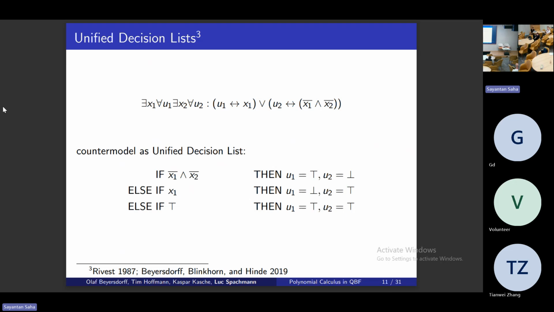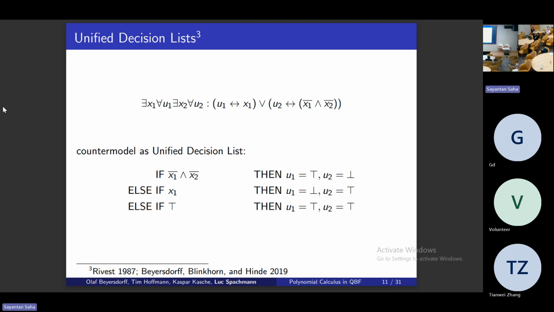Normally, in most proof systems, with strategy extraction, we get a decision list for each of the universal variables. The difference with unified decision lists is that we want to set all universal variables in a single step. So we don't have a decision list for every single universal variable, but one for all of them.